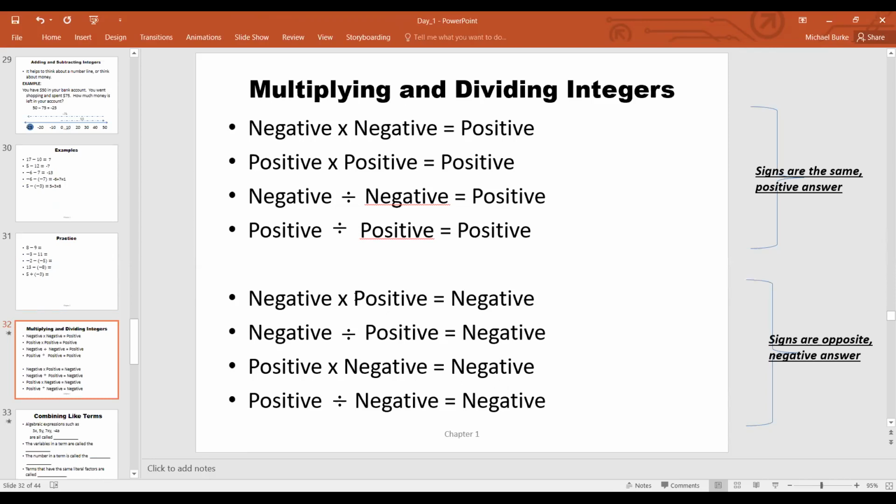So if we have a negative times a positive, it's a negative. A negative divided by a positive is negative. A positive times a negative is a negative. And a positive divided by a negative is indeed a negative. So if the signs are the same, it's a positive answer. If the signs are opposite, it's a negative answer.